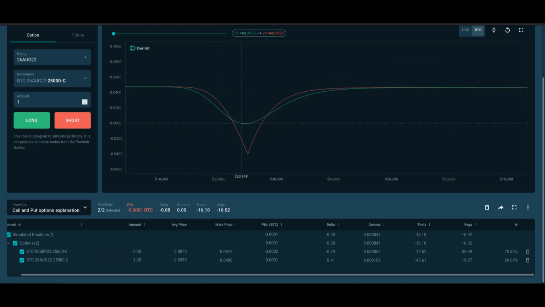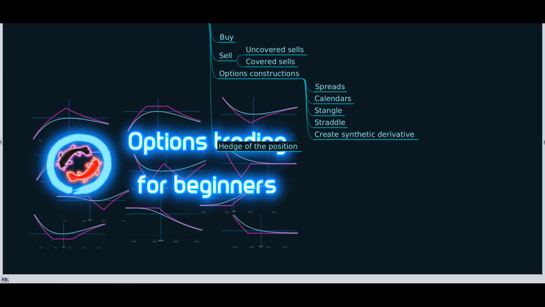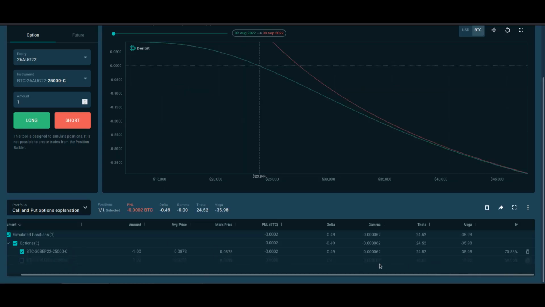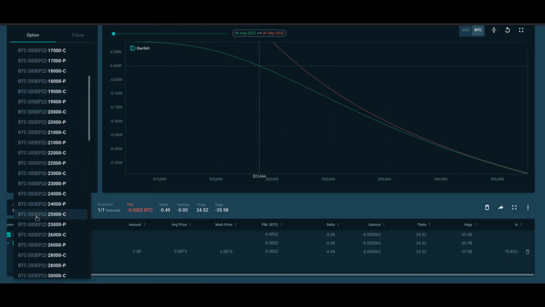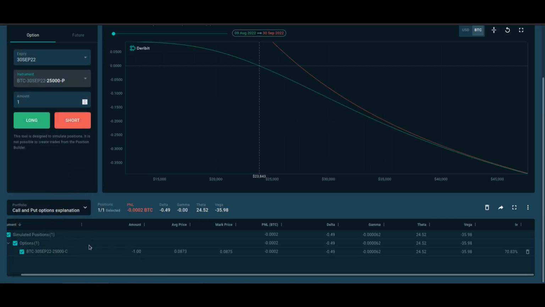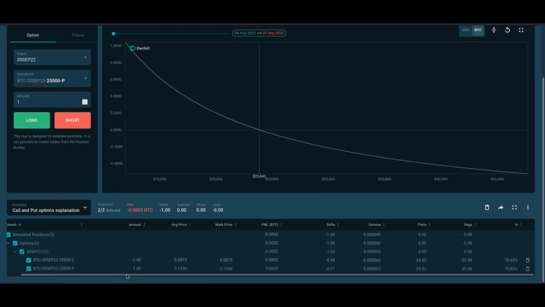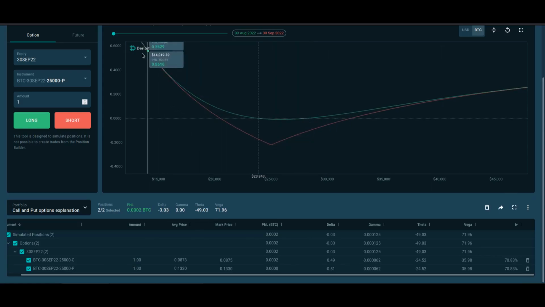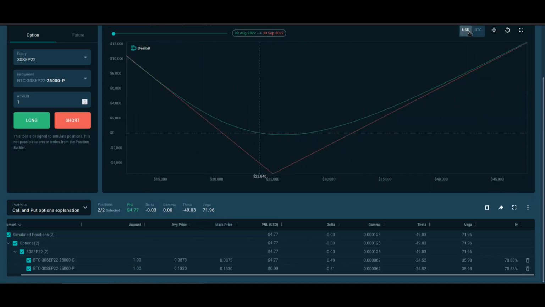Okay. This looks like a strangle, but a strangle is created using the same expiration but different option types. Here we have one option type, call, but we can take the same expiration date and two types of options, and we can both buy them or both sell them.